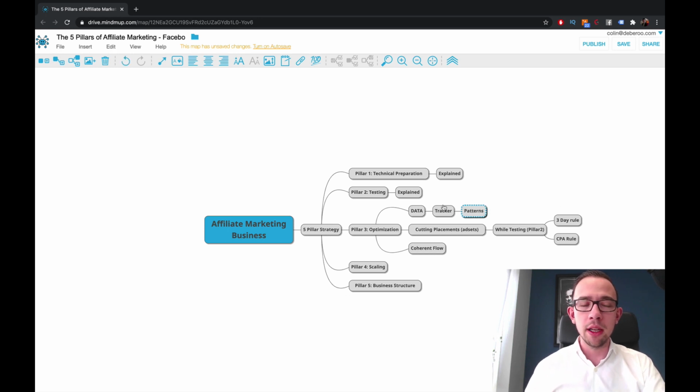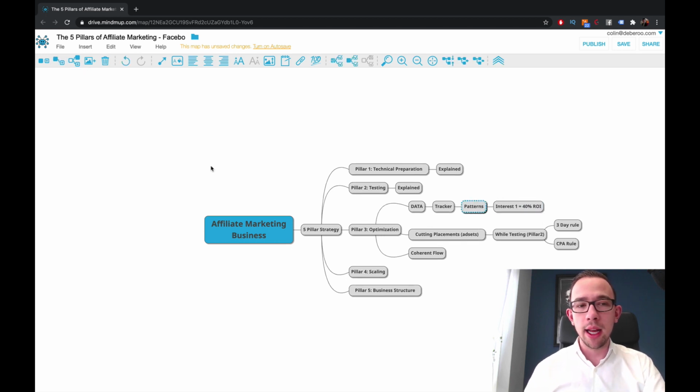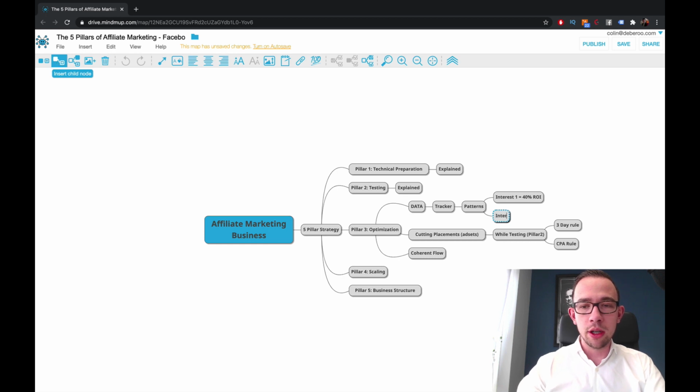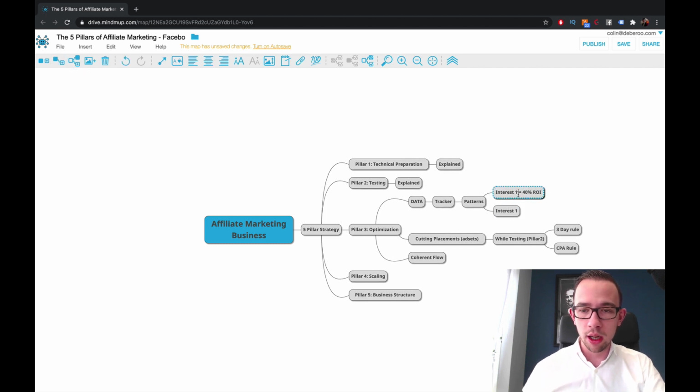What does this mean? This might mean that we see in the tracker that interest 1 is 40% ROI, yes? Interest 1 on a different ad set, so we'll say interest 1, ad set 1, 40% ROI.